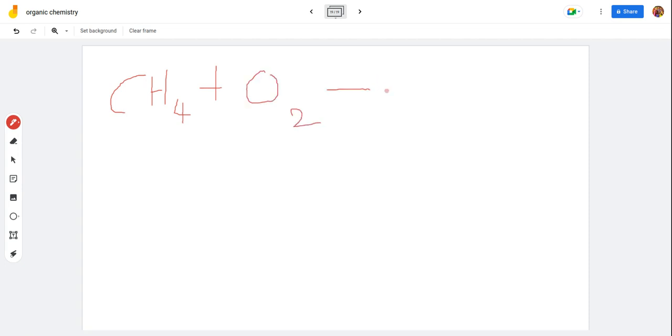This is known as an oxidation reaction, complete oxidation or combustion reaction. It will give carbon dioxide and water. So all the alkanes act as a fuel. So this is the equation. If you want to balance the equation, it is 2O2 and here it is 2H2O.